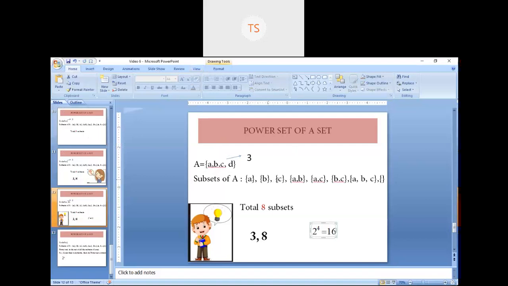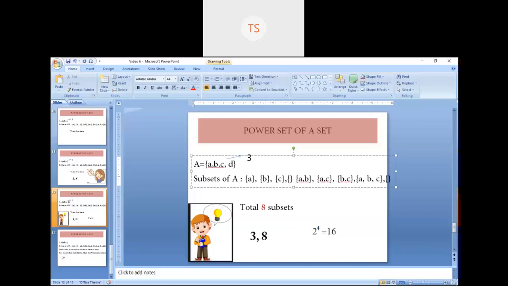A, B, C I have already written. So left is D, so next you will write D. Then A, B, A, C. You will have one more, A, comma, D. Then write B, comma C, again B, comma D.